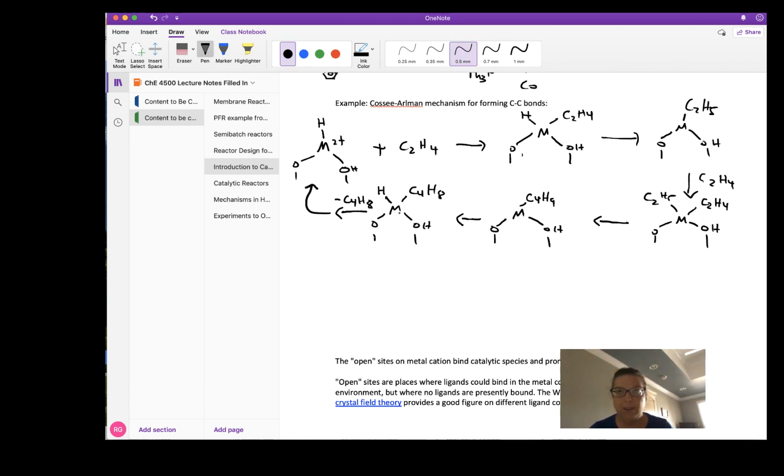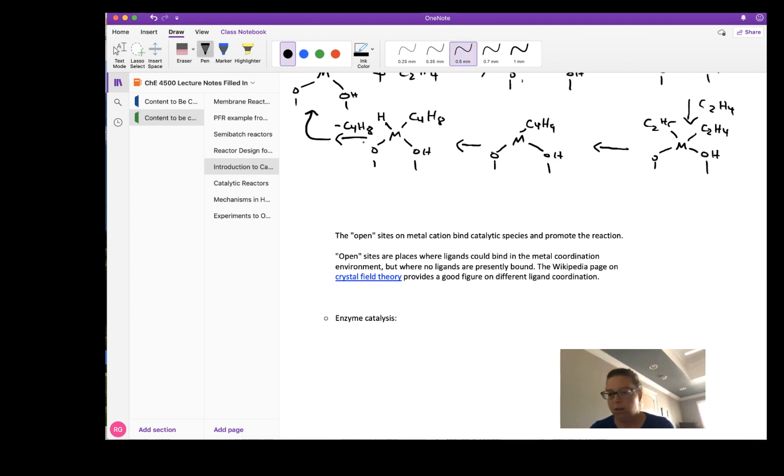These slots are called sites on the catalyst. When one of those is open, as in the case of the metal hydride or this ethyl species or this butyl species, those are called open sites. So the open sites on the metal cation bind species and promote the reaction. Open sites are the places where ligands could bind on the metal coordination environment, but where no ligands are presently bound.